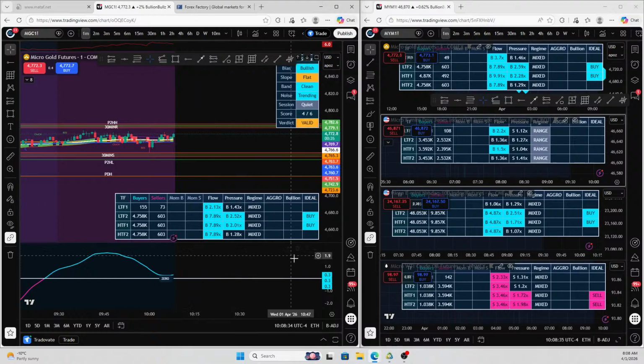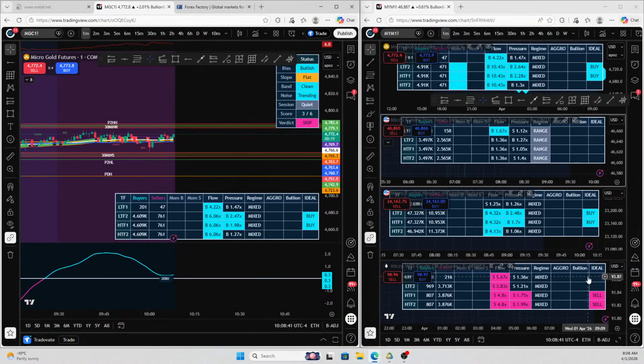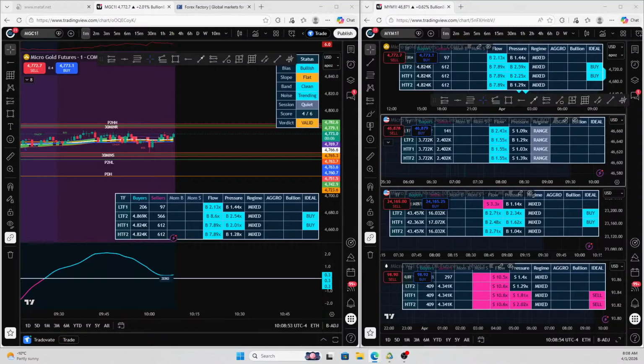Yeah, we might see volume influx coming in maybe at the 30-minute close. So we just gotta wait for now. Yeah, we don't really see any breaking news coming out.